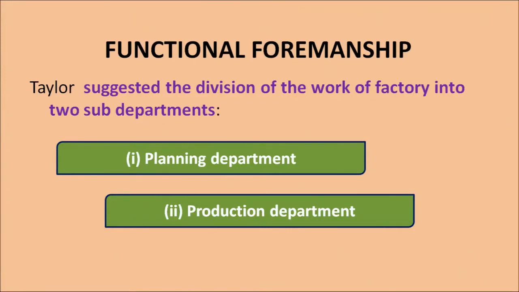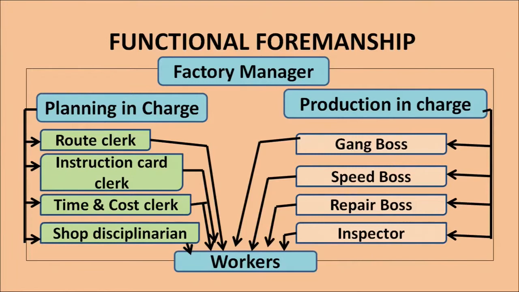He suggested that the work of the factory or the production floor is divided into two departments: a planning department and a production department. According to him, you require experts or specialists under the planning division and similarly for the production division. Under the planning division, the experts he identified were route clerk, instruction card clerk, time and cost clerk and shop disciplinarian.